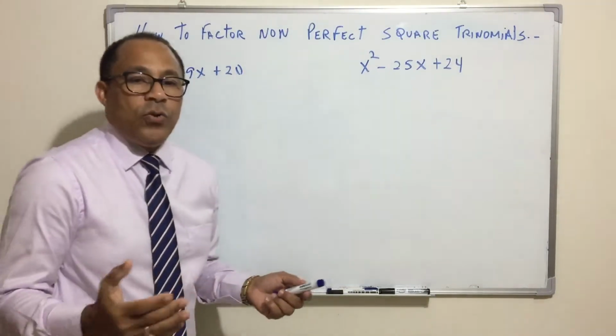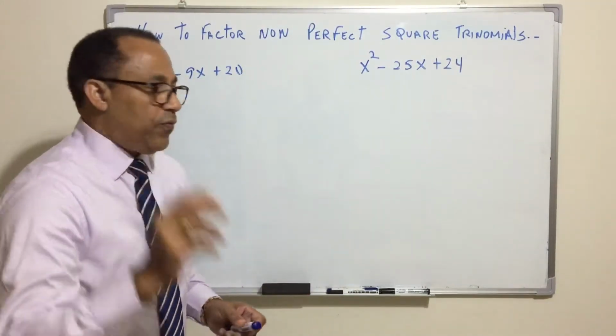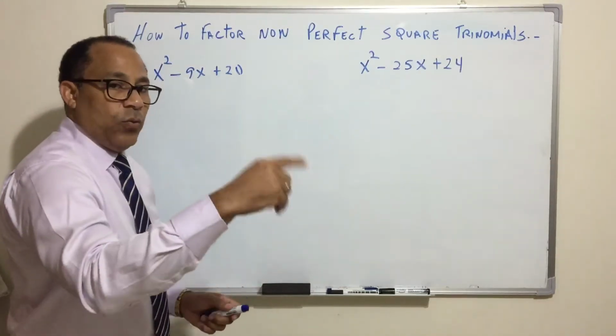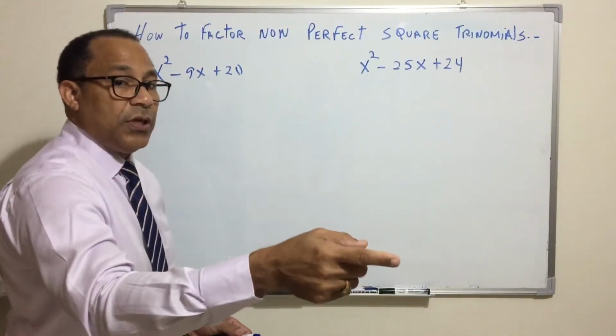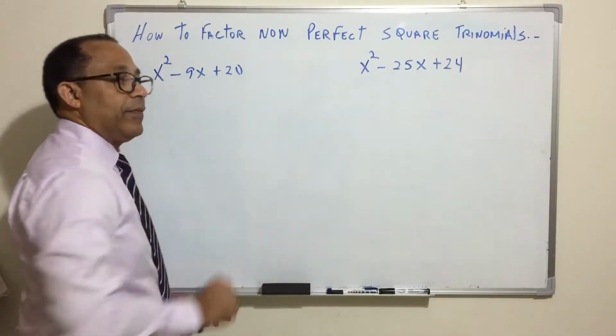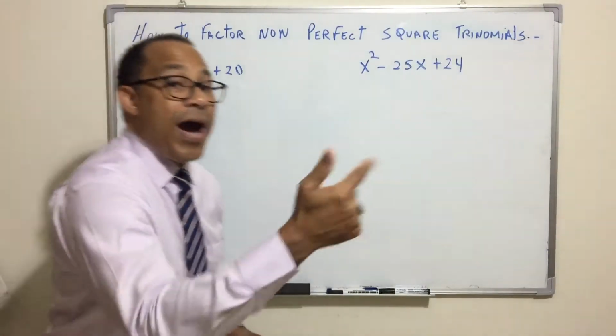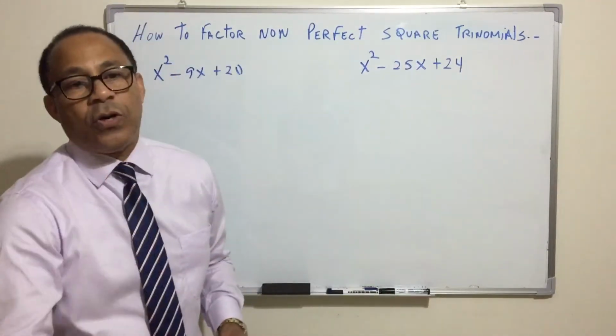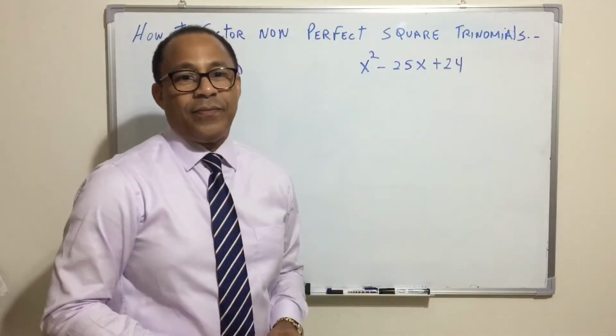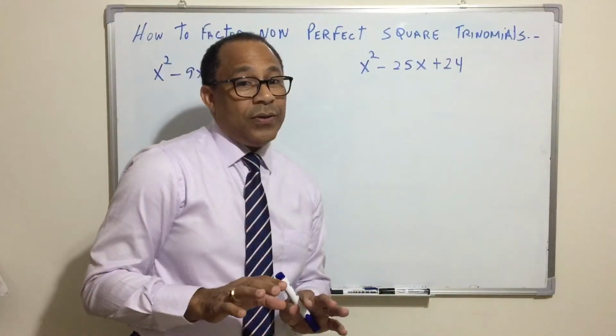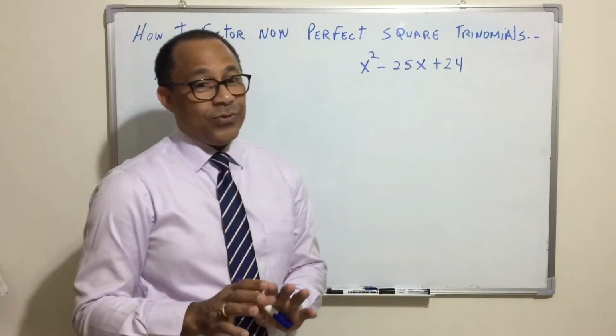So what are we looking for here? We are looking for two numbers that when multiplied, the result is 20, and when you add those numbers, the result is 9. You can pause the video now, take some time, and find those numbers.